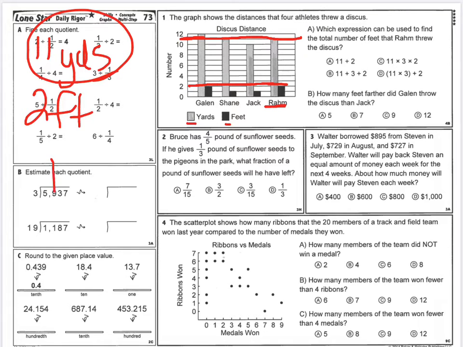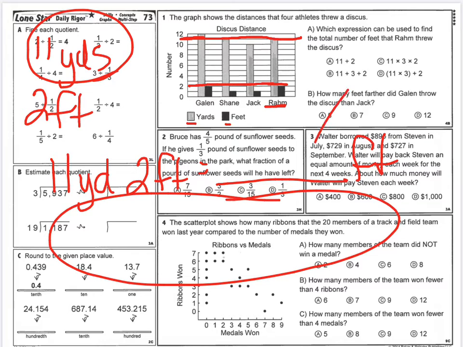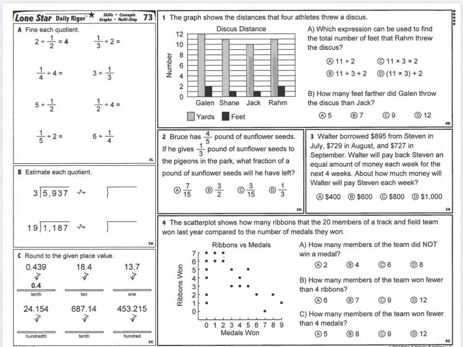So it's going to look like this: 11 yards, 2 feet equals how many feet? So when you figure out your problem, that'll help you figure out which one of these answer choices is your correct one. Okay? Or you can use your answer choices to help you figure it out.